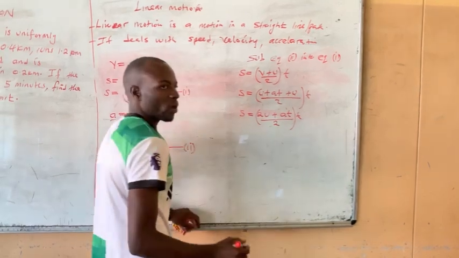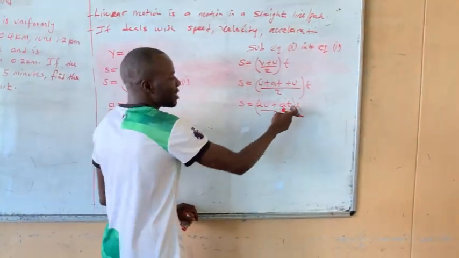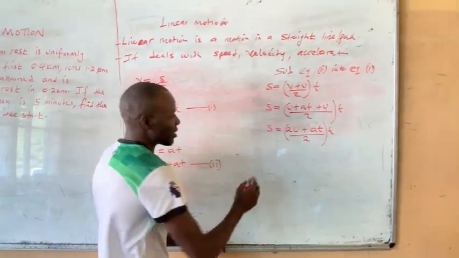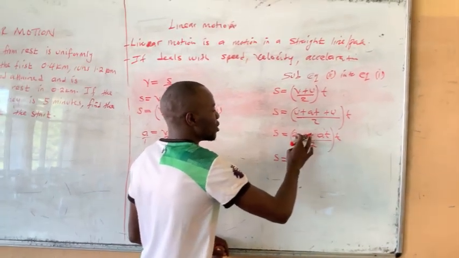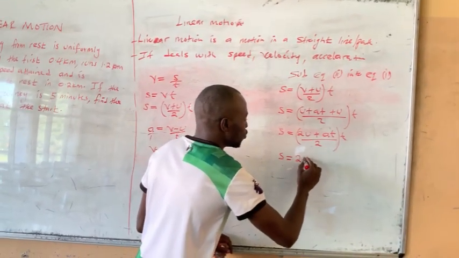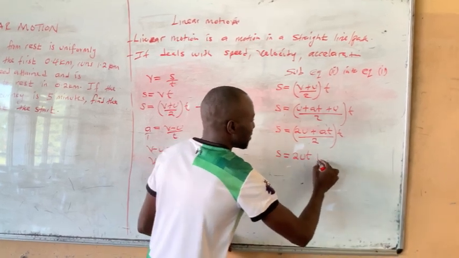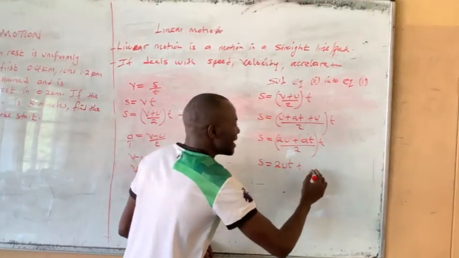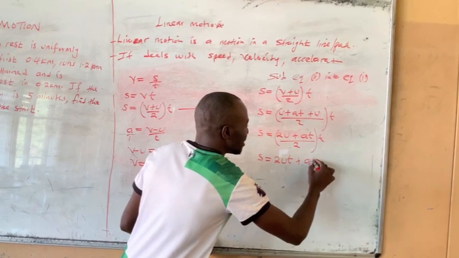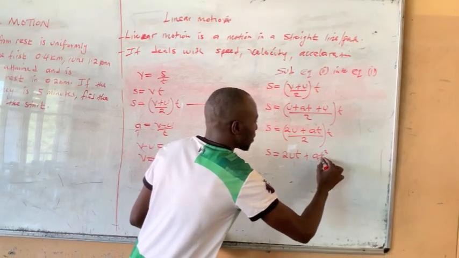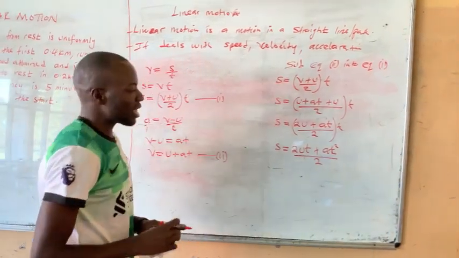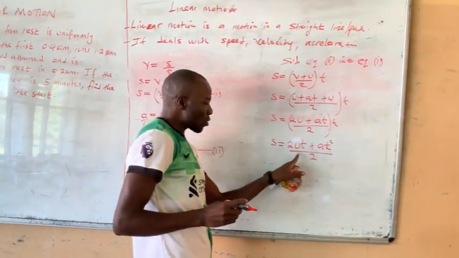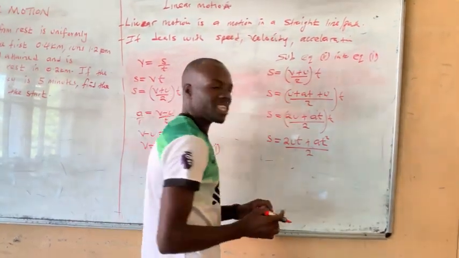When we distribute this t into the brackets, s will be equal to t times 2u, which gives 2ut, plus t times at, which gives at squared, over 2. This 2 is on both terms, so you can split it.